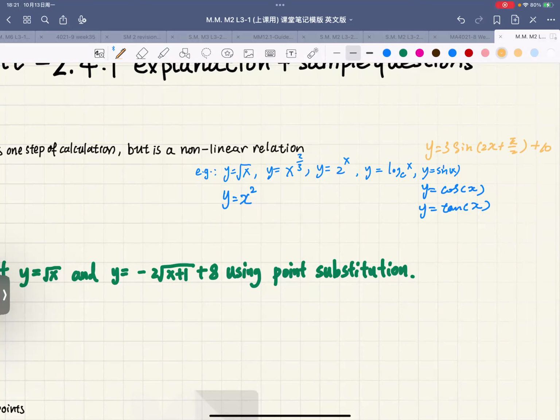Basically, what I'm trying to say here is if you have all these basic graphs in your mind, you can use the basic graph to get this non-basic graph. And also, when you have basic graphs in your mind, it really helps you to solve questions and memorize formulas.